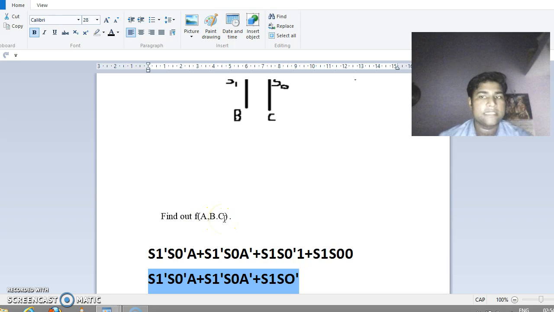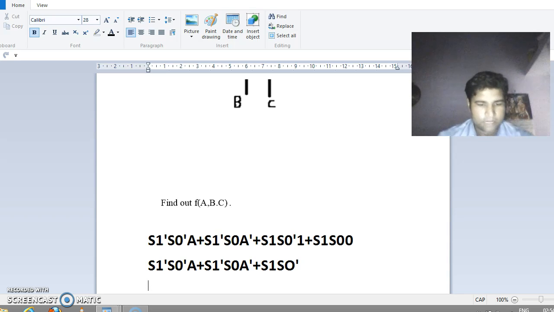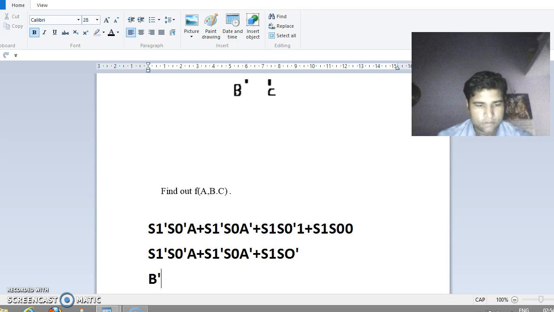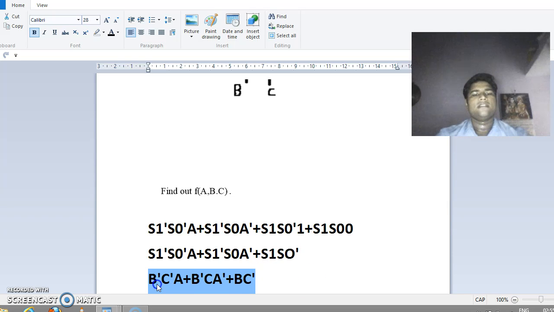F in terms of A, B, C. So we will replace S1 and S0 by B and C. So this will become B bar C bar A plus B bar C A bar plus B C bar. So this is the final answer.